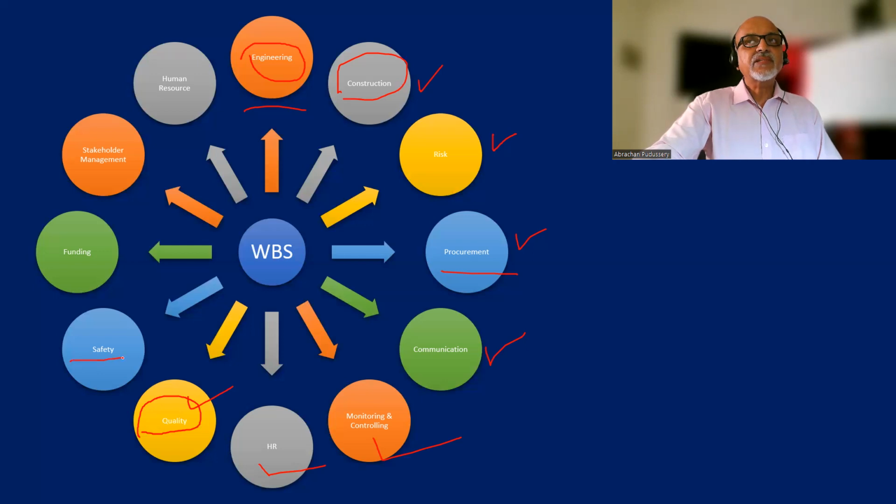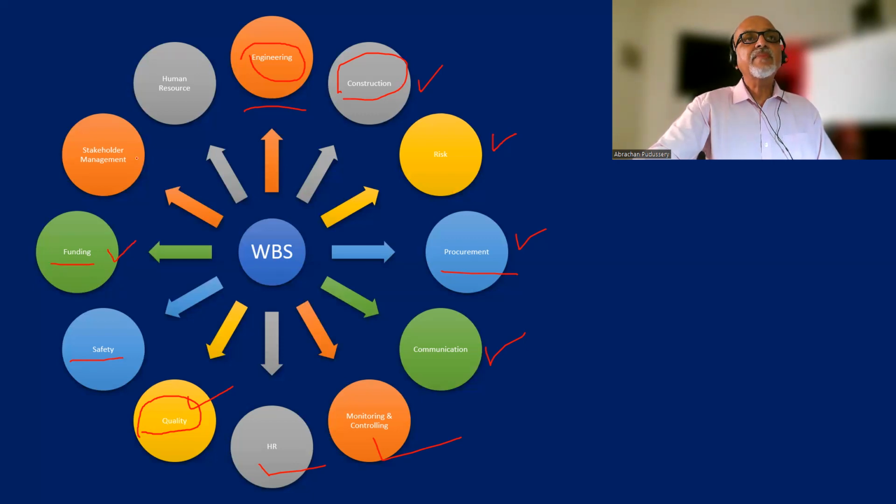Then the safety aspects have to be factored into the WBS. Then funding, the effort one has to spend to ensure that proper funding happens on time. For cash flow analysis and all those things, a lot of effort needs to be spent, and that should reflect in the WBS.